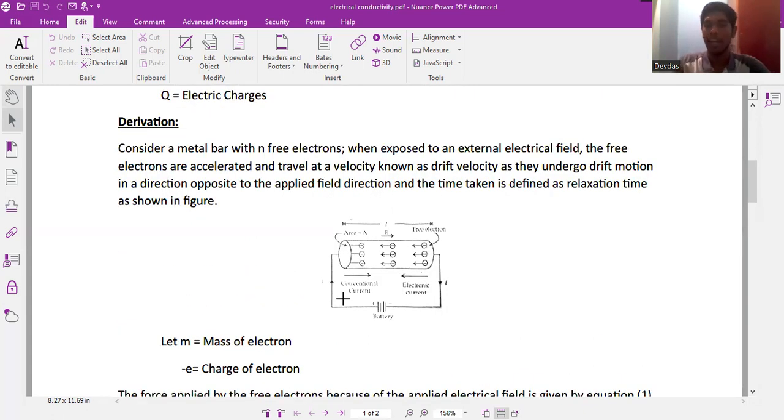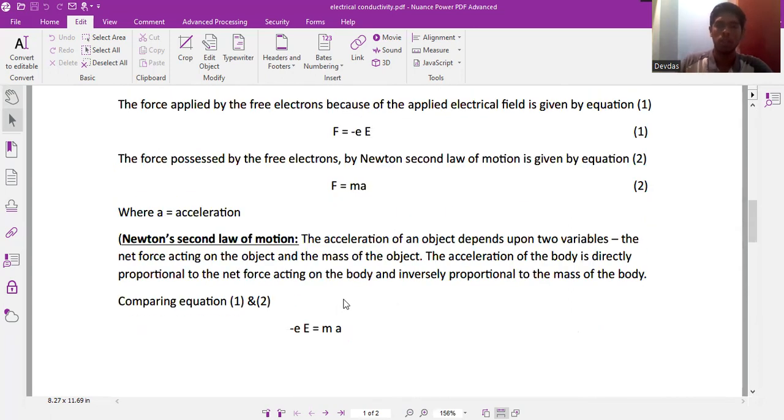And relaxation time is the time taken by the free electrons in the metal to move around. Another equation for force is m into a, where m is the mass of the electron and a is the acceleration. This is given by Newton's second law of motion.